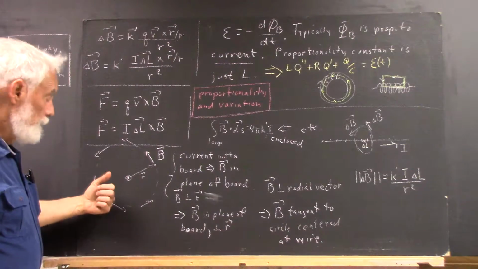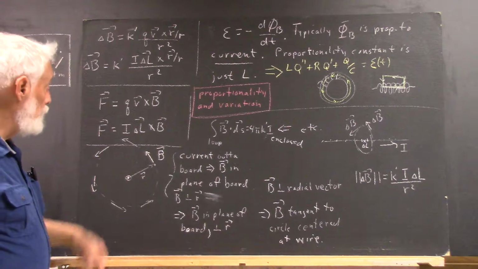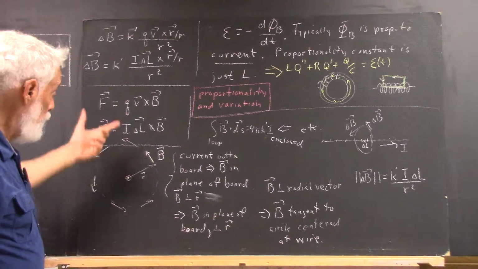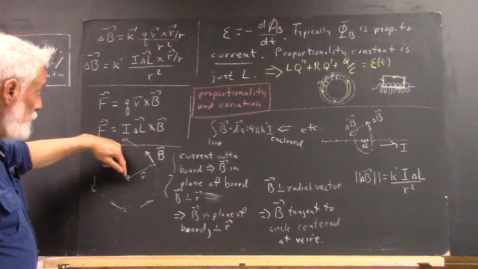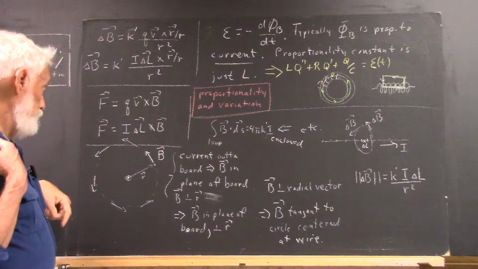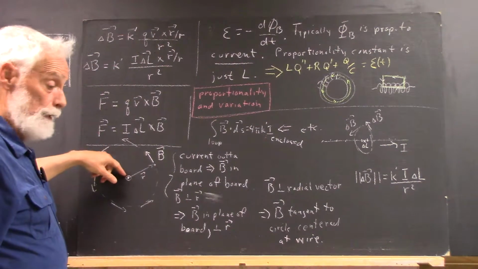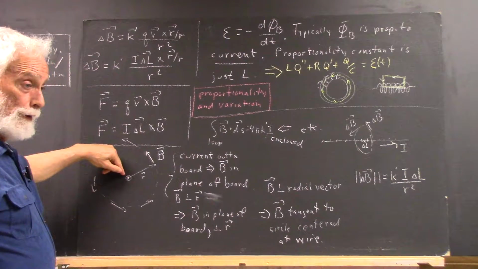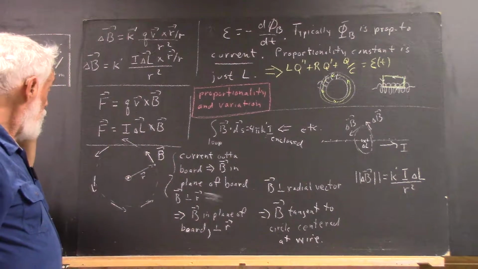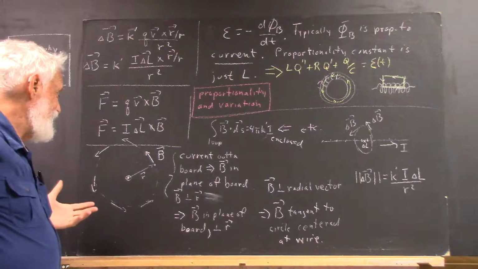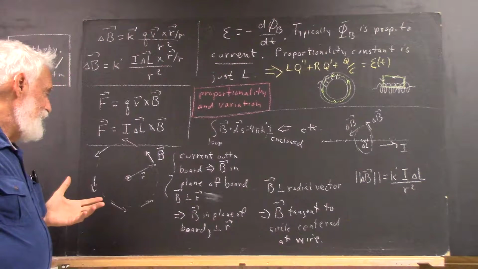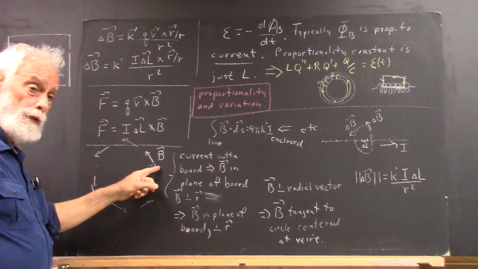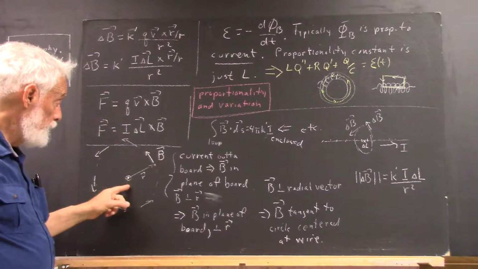Now, in the case where your current is moving out this way, let's figure that out. At this point, the R vector goes from the point on the current segment, and let's take that to be this point here, to the point at which you're calculating the field.